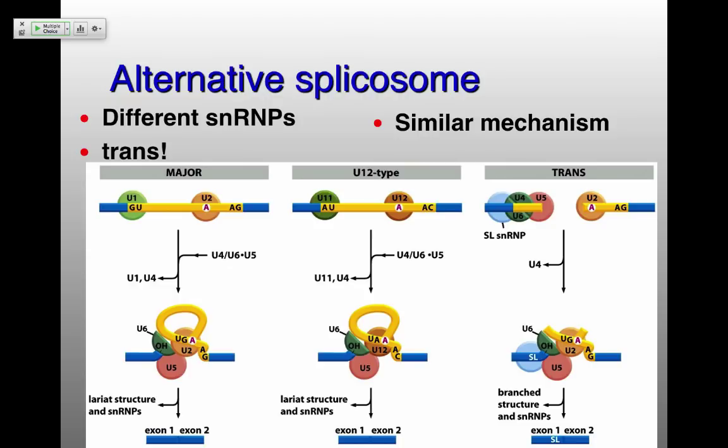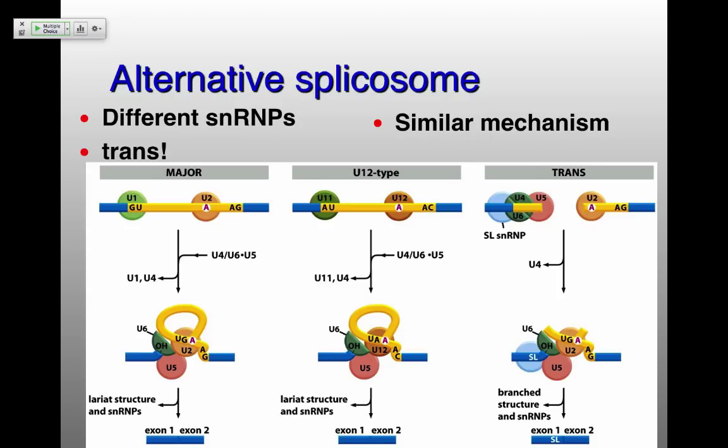As if this process weren't complicated enough, there are what people call alternative spliceosomes. The reason we talk about this is because it emphasizes that splicing is generally a pretty non-specific process. Where does the specificity come from for splicing? Those small nuclear RNAs, remember, are the ones base pairing, which determine where you are going to splice.